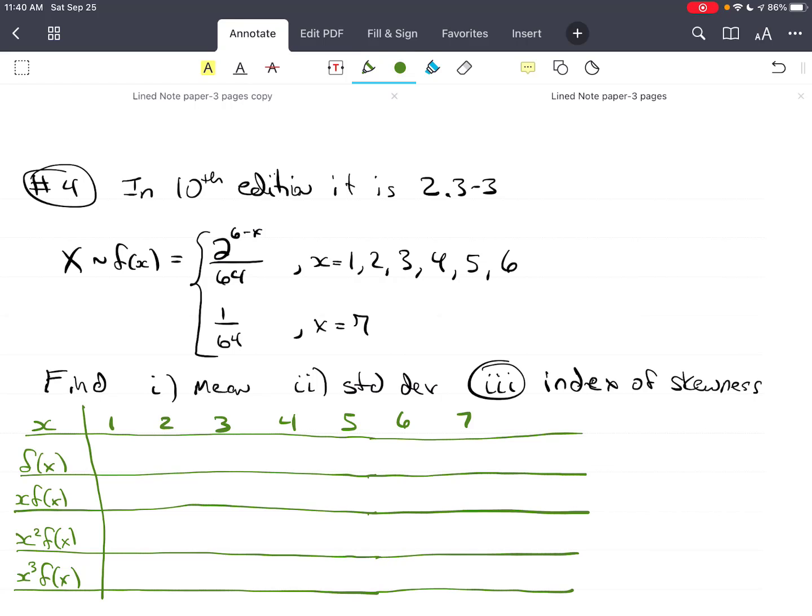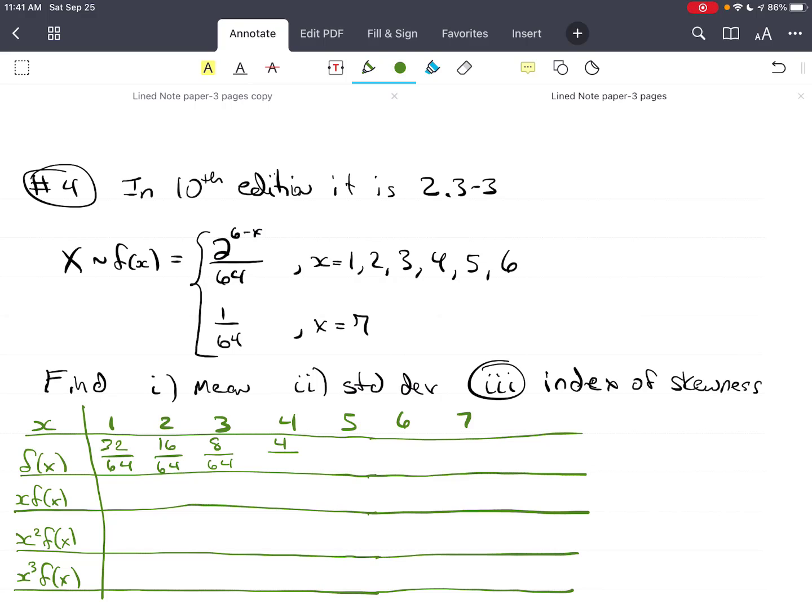And so I'll just write down f of x from the PMF, plugging in x equals 1, that's going to be 2 to the 5th. So that's going to be 32 over 64. And then I have 16 over 64, and then 8 over 64. I'm reducing by power of 2, so that means I'm just dividing by 2 as I go through here.